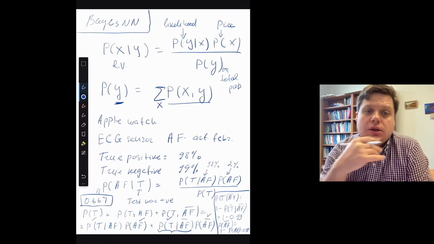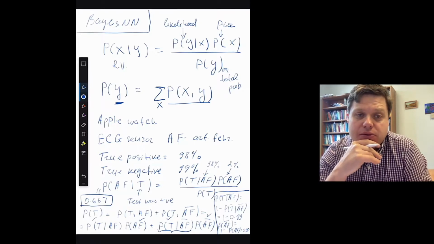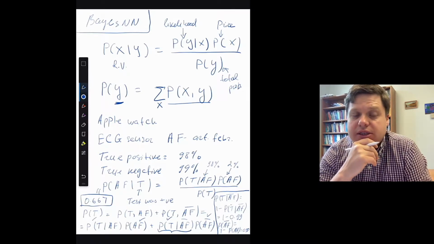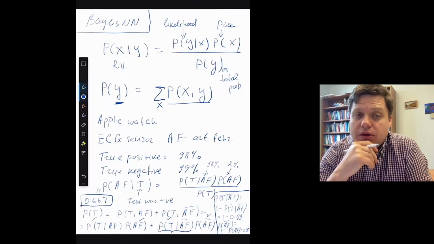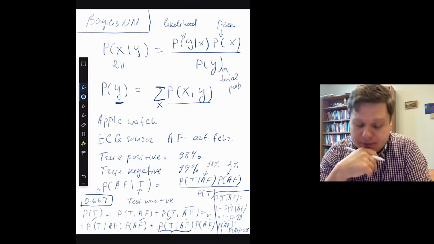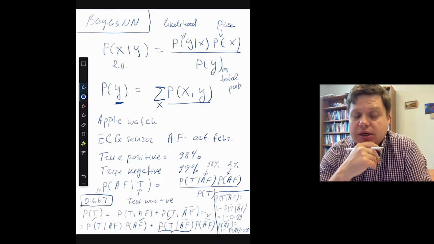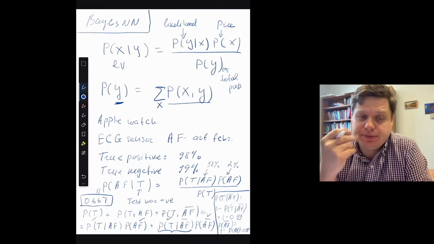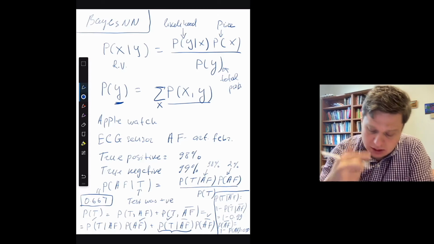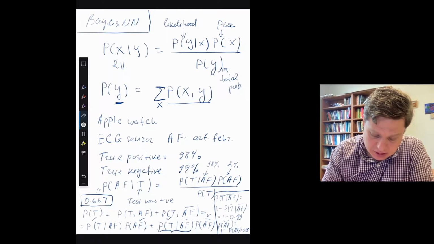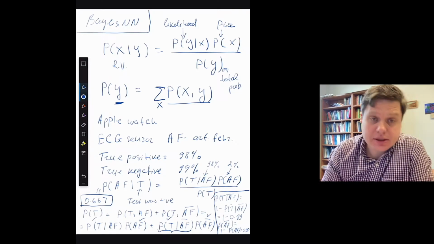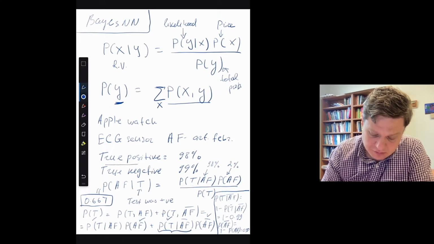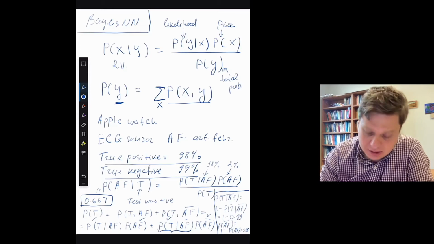So let's look at an example of how to apply this rule. We'll look at the example of Apple Watch. In version 4 of Apple Watch, Apple engineers introduced an ECG sensor to the device, and the ECG sensor can detect arterial fibrillation. The engineers give us the following characteristics of the sensor. The true positive rate is 98%, and the true negative rate is 99%.